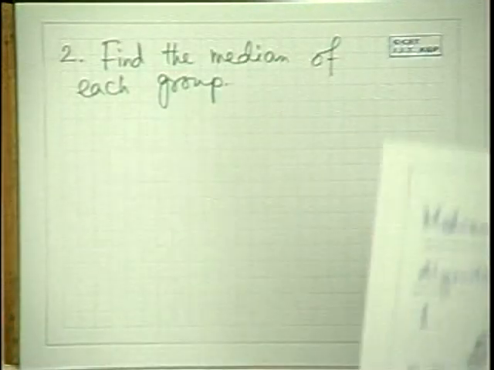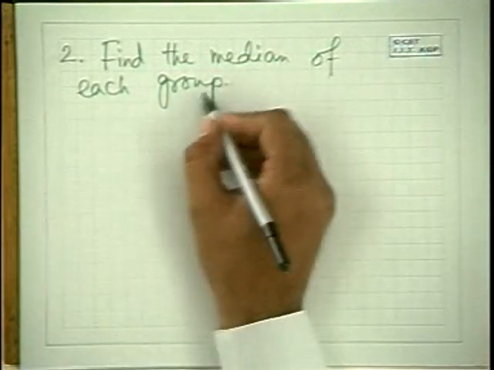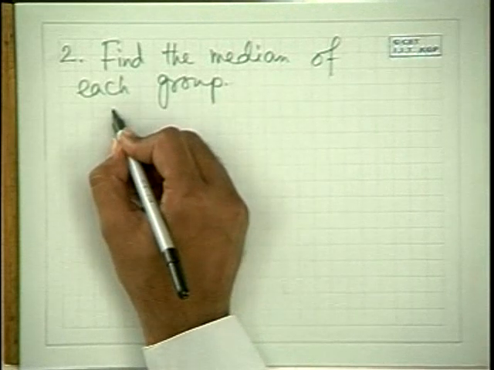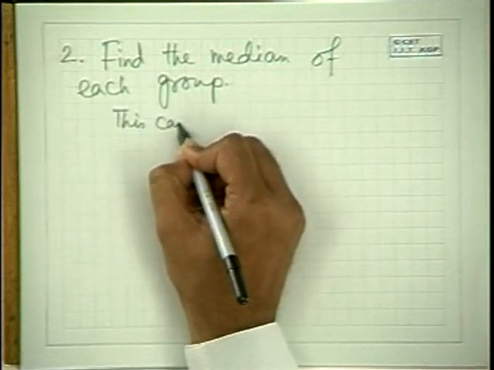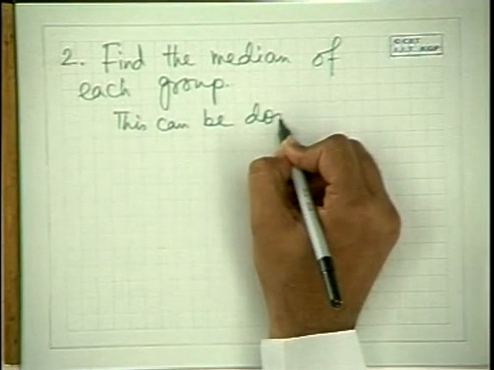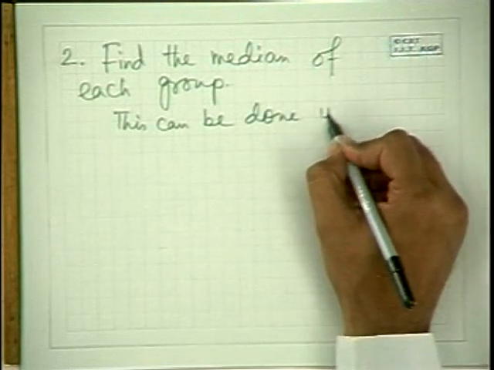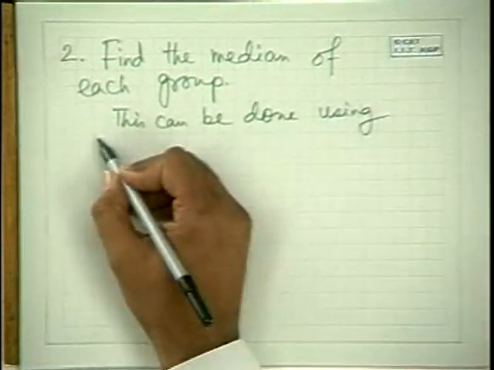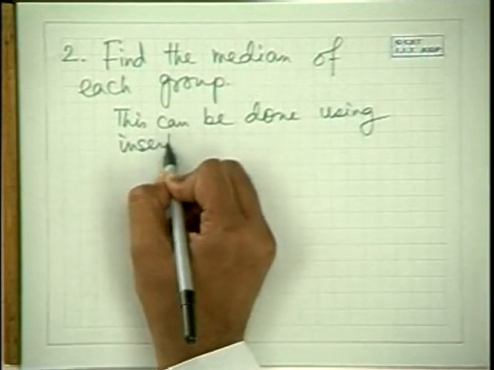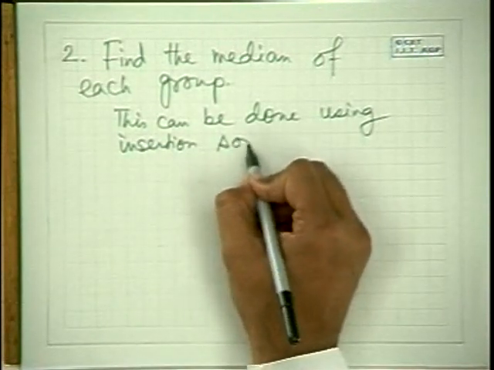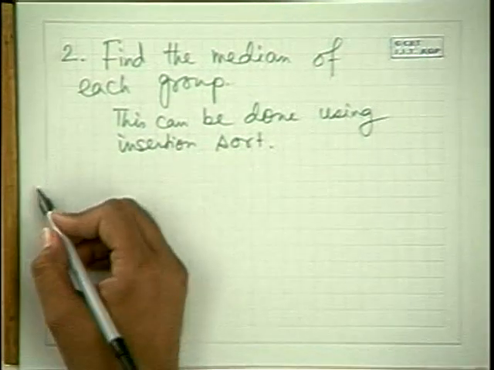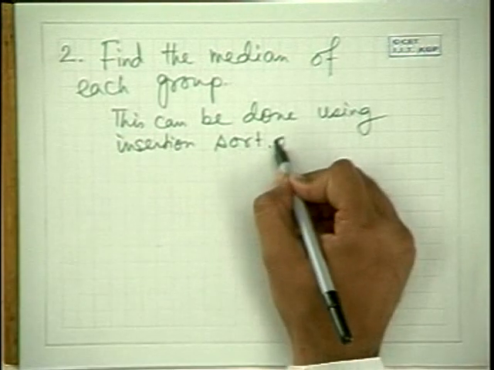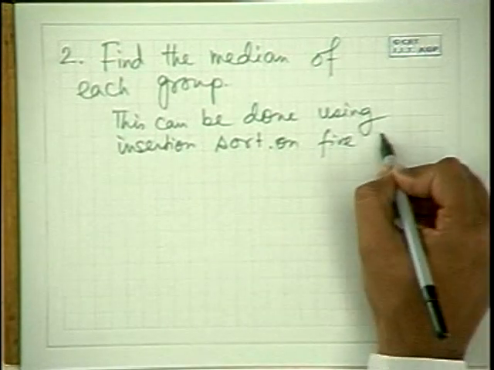Okay, what is the next step now? So each group, this can be done using insertion sort on 5 numbers.